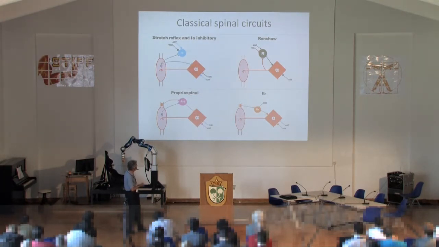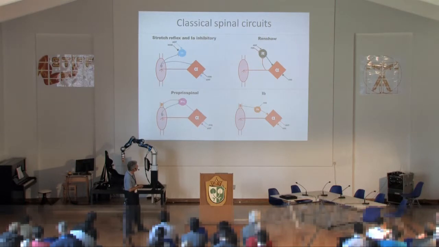There is a force feedback system in which the force sensors produce what seems to be a servo-like control that is inhibiting the alpha motor neurons that produce force in the muscle, so that you could imagine this loop stabilizing force. But there are widespread projections from synergists and antagonists in that system as well.